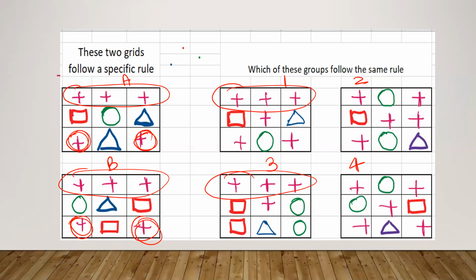First I'll see row, column, and diagonal wise, and then probably if I find no similarity, then I'll focus on micro elements. First I see macro, then I'll focus on micro elements. So the answer for this would be option 1 and 3.